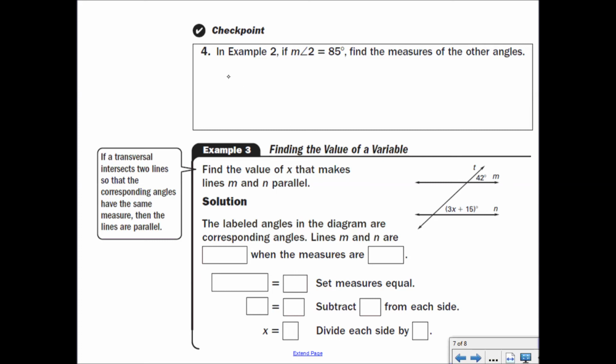So we will need to find the measure of angle 1, angle 3, angle 4, angle 5, angle 6, angle 7, and angle 8.